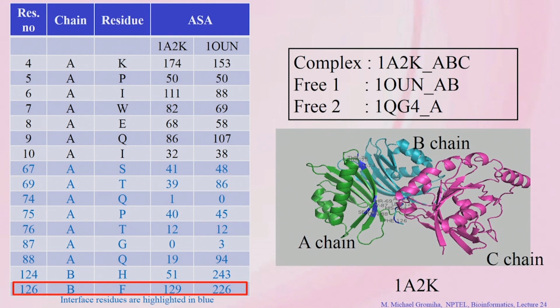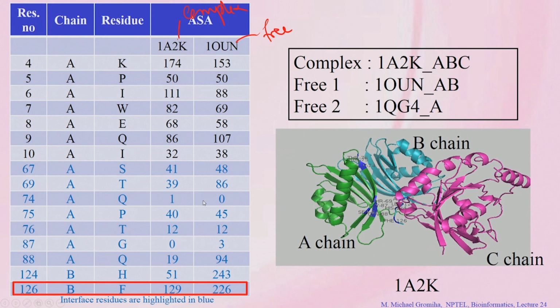This is the complex 1A2K, and this is the free protein. In some cases you see the free protein higher than the complex, and vice versa in other cases. If it is reduced in the complex, then these residues are identified as binding site residues, fine.